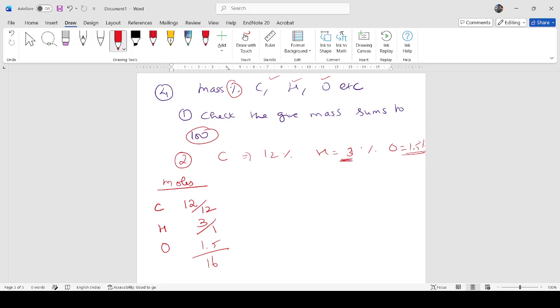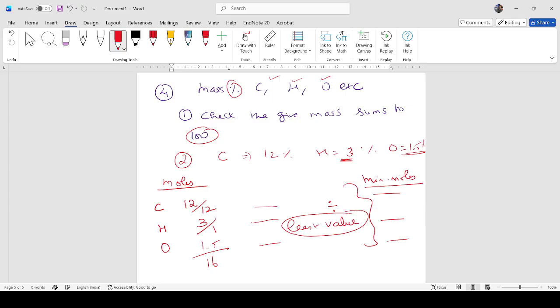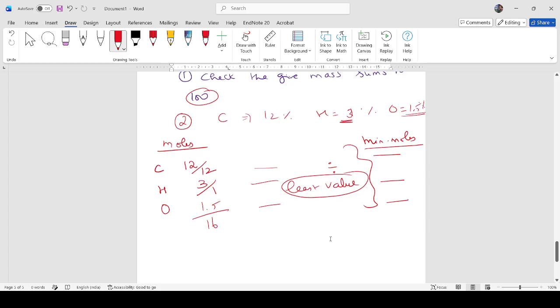So whatever you get out of this, the least value that you have obtained, divide throughout by this least value. Now you will get the minimum moles. Now, for example, I am having C is 2, H is 1, and oxygen is something like 0.5.